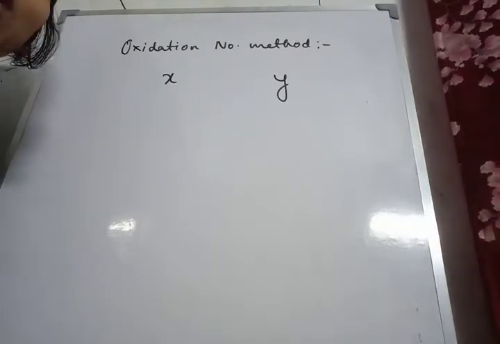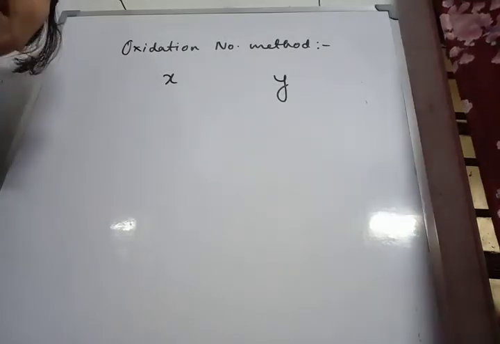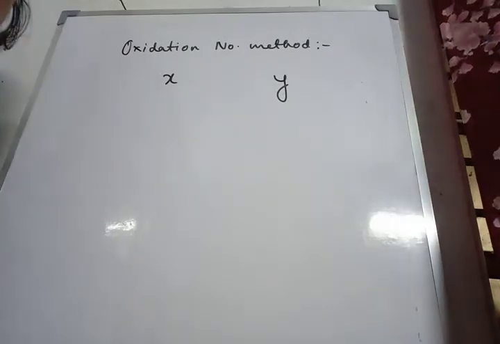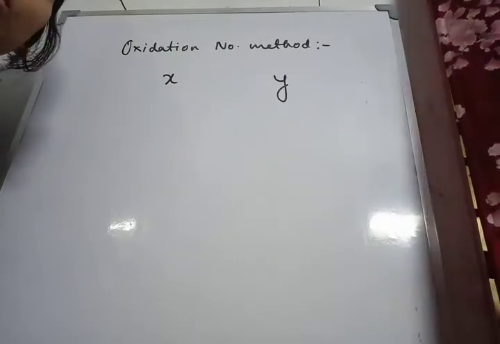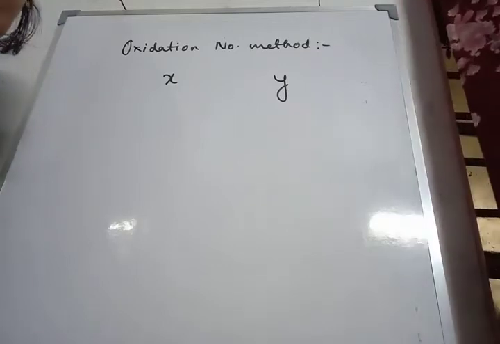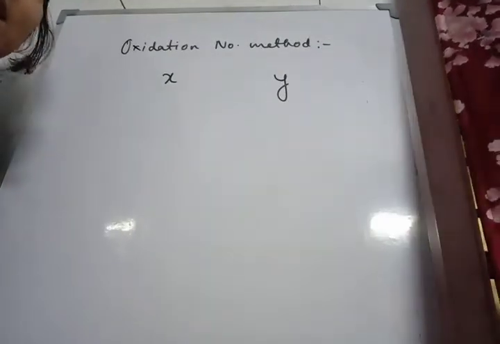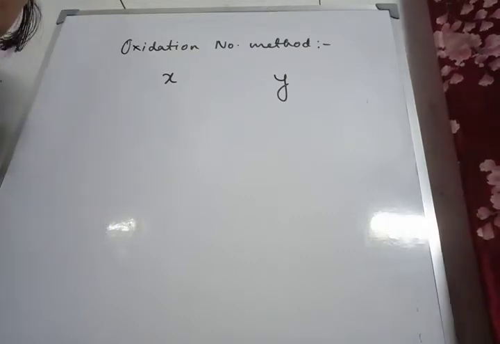H positive we have to add on that side which contains lesser positive ions and more negative ions, and water will be added on the opposite side. And if the medium is basic, we have to use OH negative and H2O. So OH negative will be added on that side which contains lesser negative ions and more positive ions, and definitely water we are going to add on the opposite side.